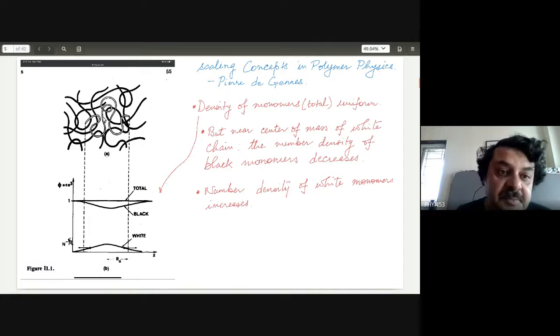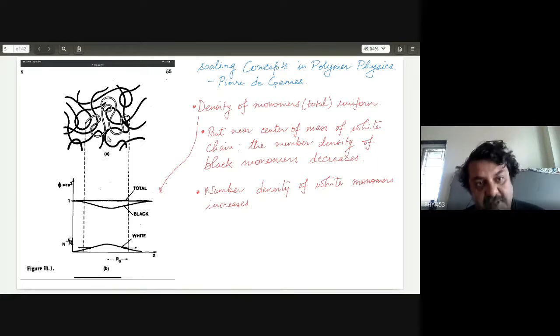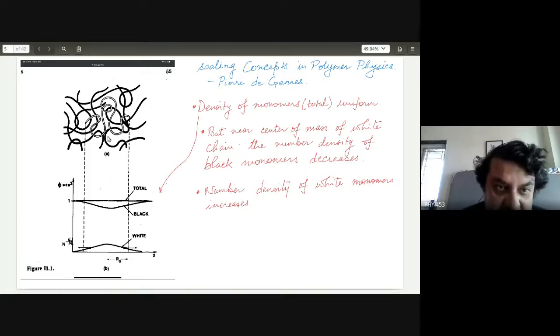That the polymer chain in a melt behaves, in the sense of conformation, like an ideal Gaussian polymer chain, can also be established experimentally. After all, being able to establish it experimentally is finally the proof of the pudding.